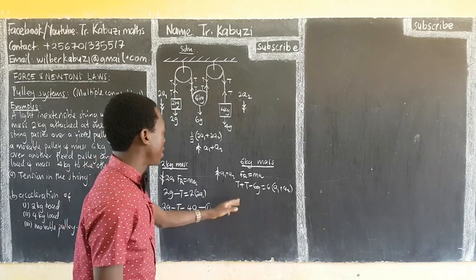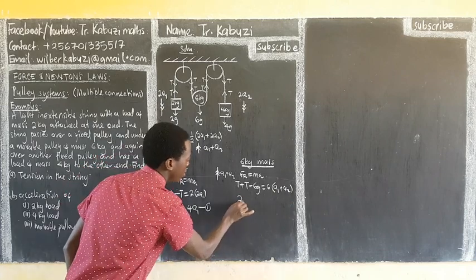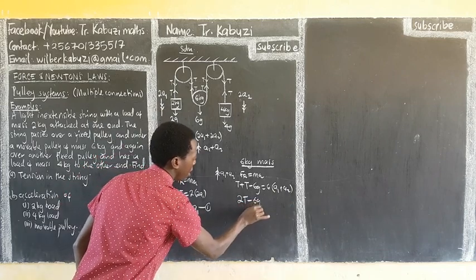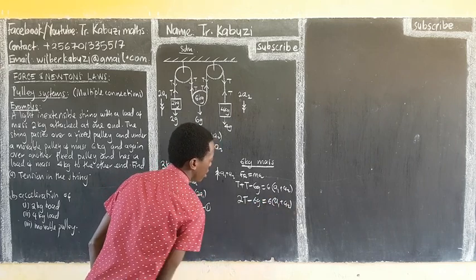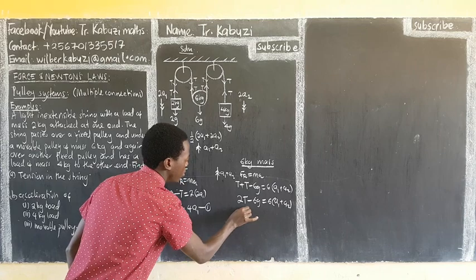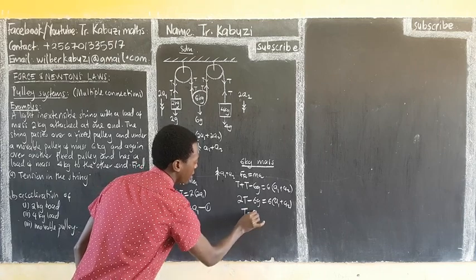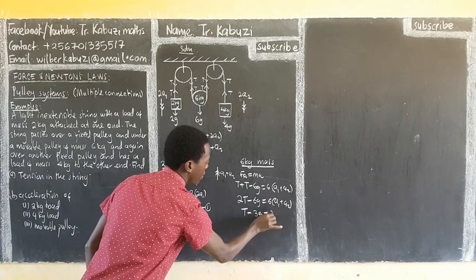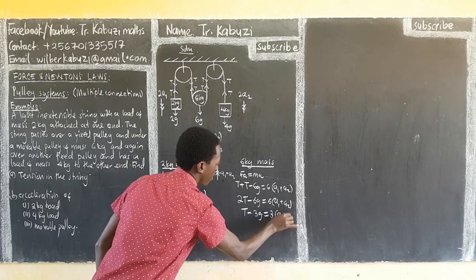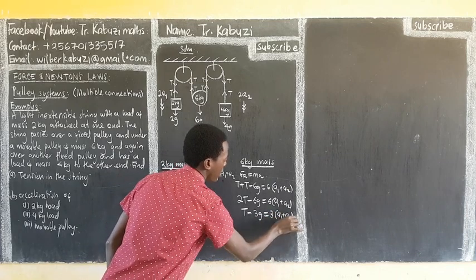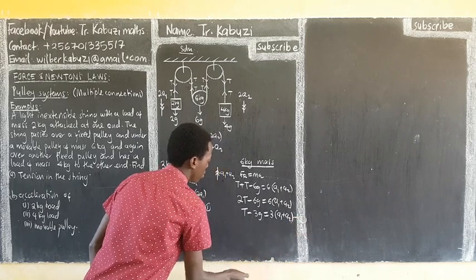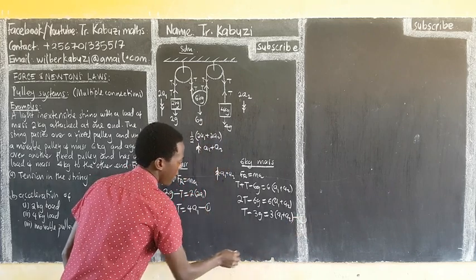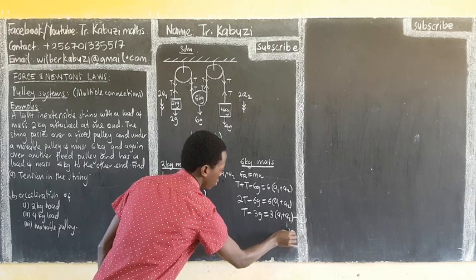After having this, we get 2t minus 6b equaling 6 into a1 plus a2, which we can divide through by 2. We have t minus 3b equaling 3 into a1 plus a2. I call this equation 2.